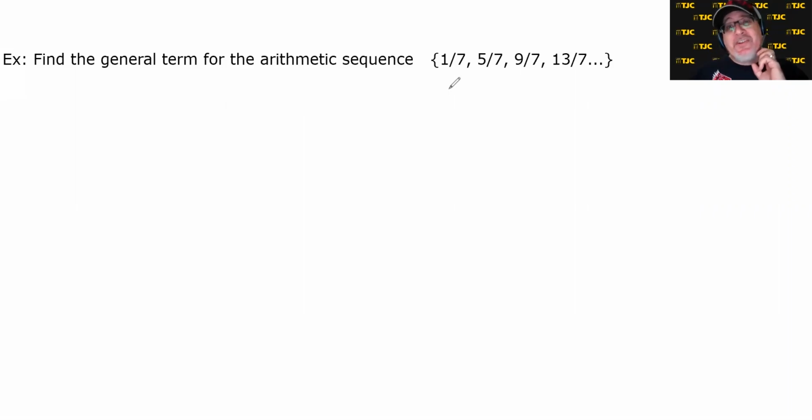But first, let's verify that it's an arithmetic sequence by subtracting consecutive terms. If we do 5/7 minus 1/7, the rule for subtracting and adding fractions is get a common denominator and then do the math to the numerators. If you have trouble seeing this, I'm going to show you something that may open your eyes to fractions.